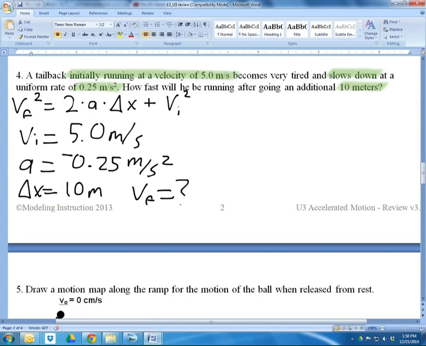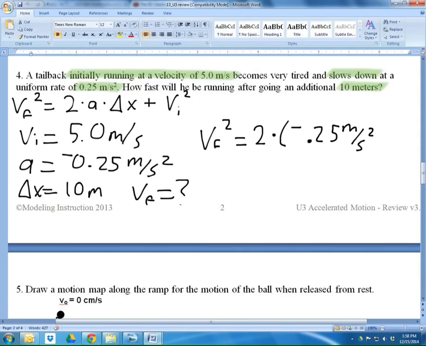I don't know my final velocity, so that's going to stay unknown. So VF squared is equal to, I know my acceleration, so it's going to be 2 times negative 0.25 meters per second squared.